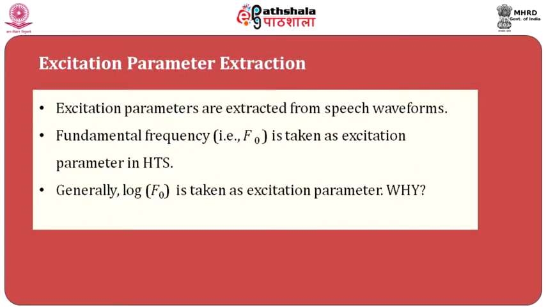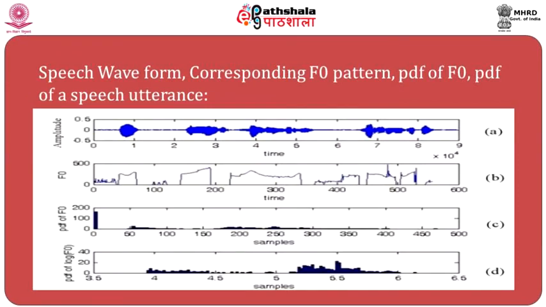as you can see in this figure. There you can see a speech waveform corresponding to the f0 pattern, then the PDF of f0, then the PDF of the speech utterance. As you can see, there are 4 graphs together in this figure, shown by A, B, C and D. These figures were generated by considering a general speech sample in the Gujarati language.